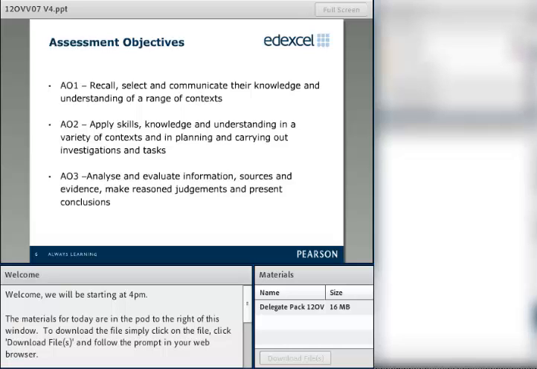So when we come to those, I'll look at those and explain to you what it is that we're actually looking for there. So really in the internally assessed units, it is AO2 and AO3 that we are concentrating on. AO1 gets tested on the external units to a much greater degree. So I hope that makes sense.